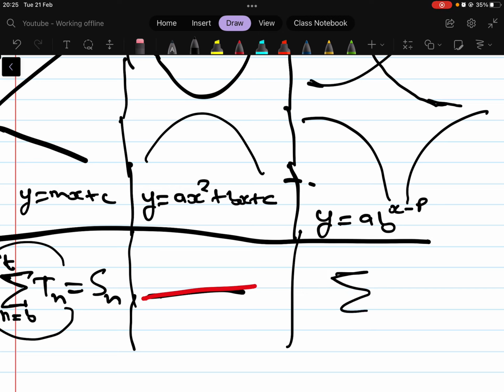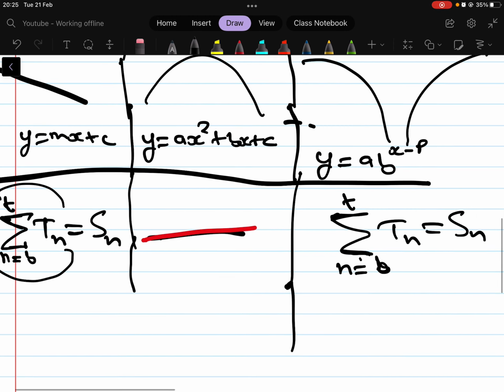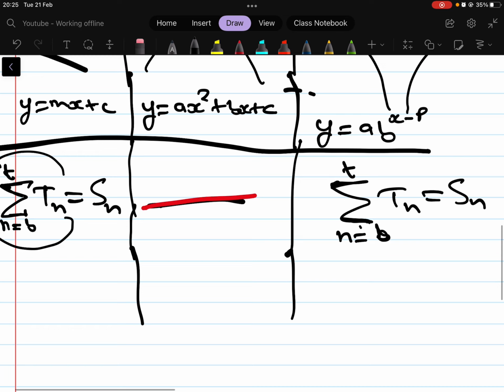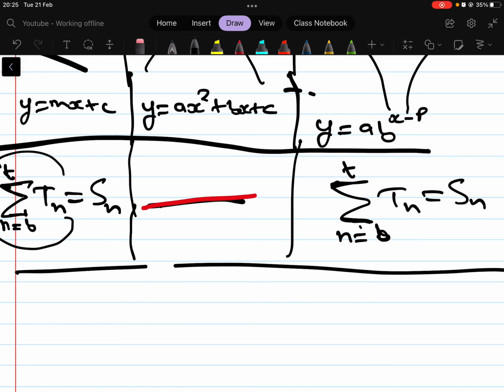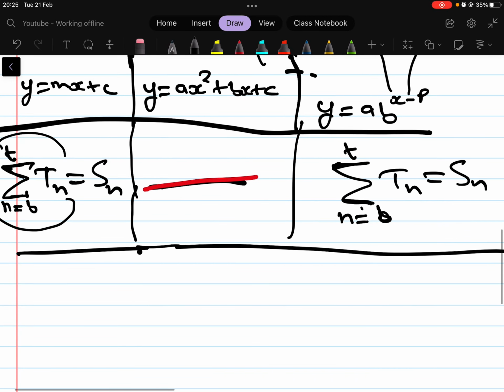So the same way you did when you were doing linear number patterns, when you represent the terms or the pattern in sigma notation, you will still do this until you get to the last term, which I usually call t.